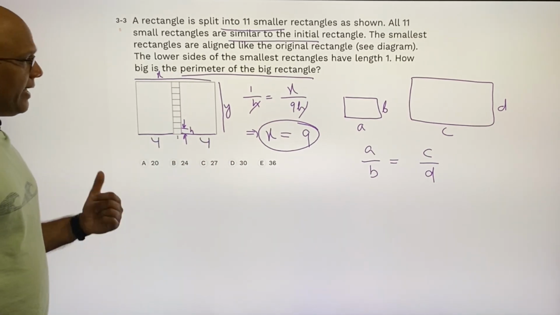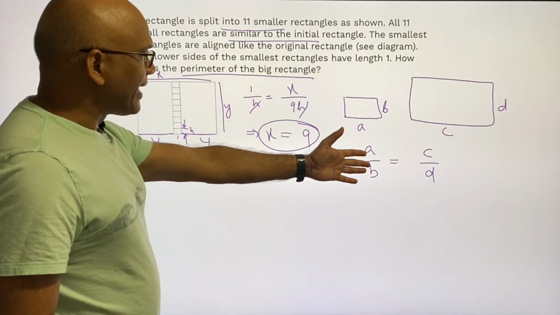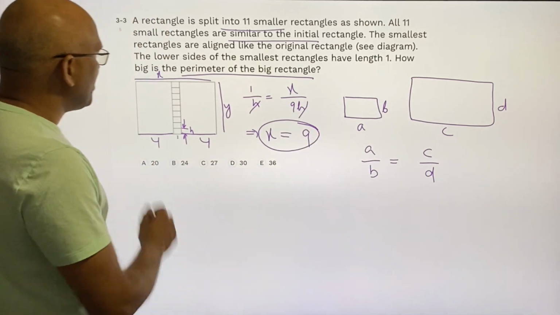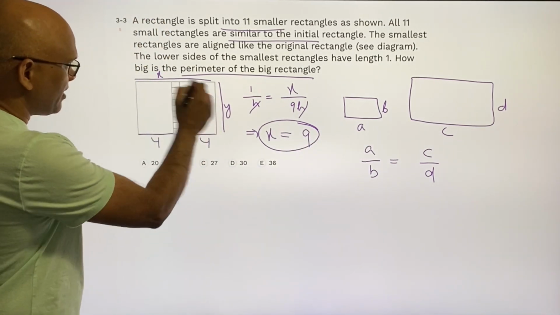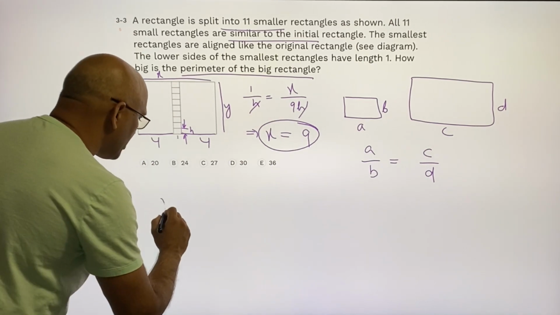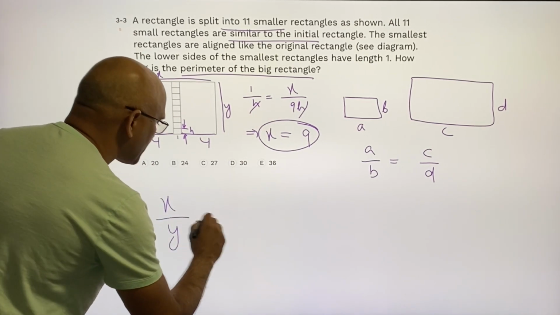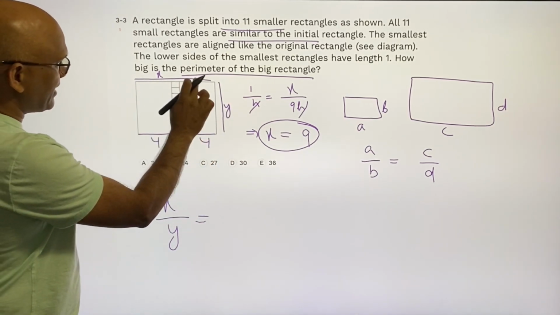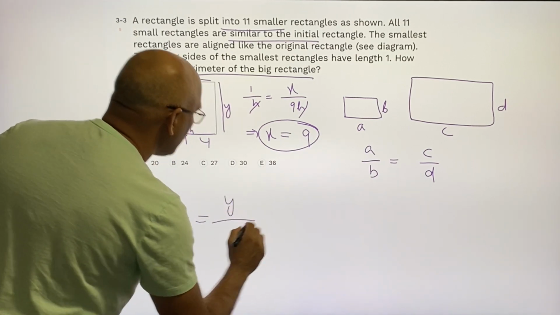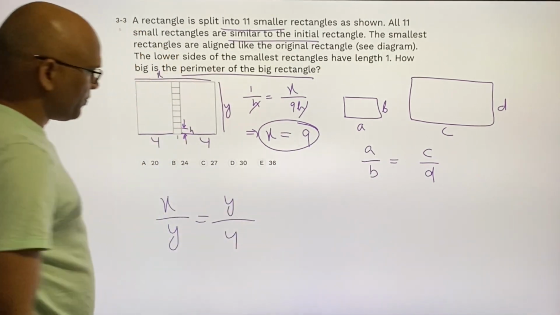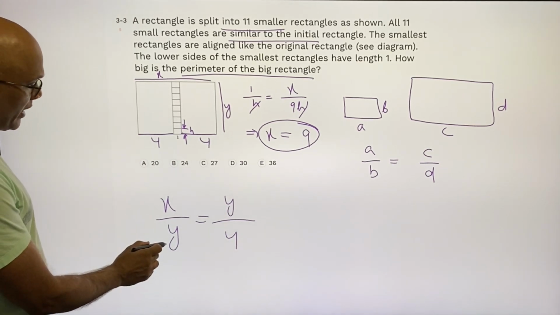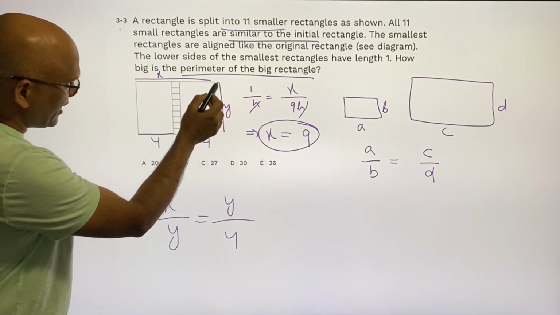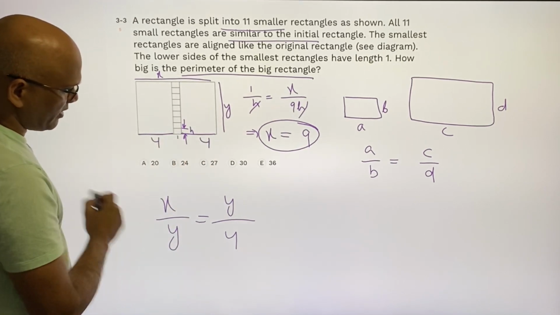Okay, so finally I want to write down the similarity condition, let's say for the big rectangle and this medium rectangle. So X over Y: the length is Y and the width is going to be 4. So length over width for the biggest rectangle, and for the medium rectangle, the length is Y and the width is 4.